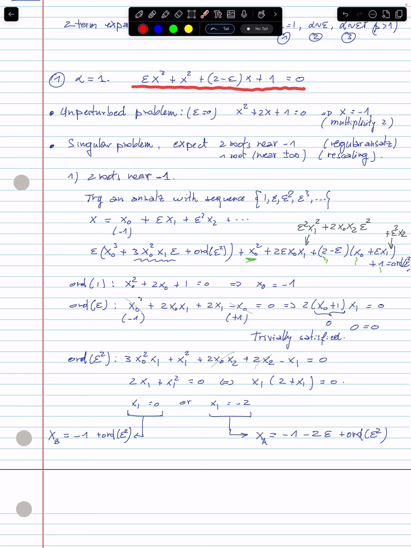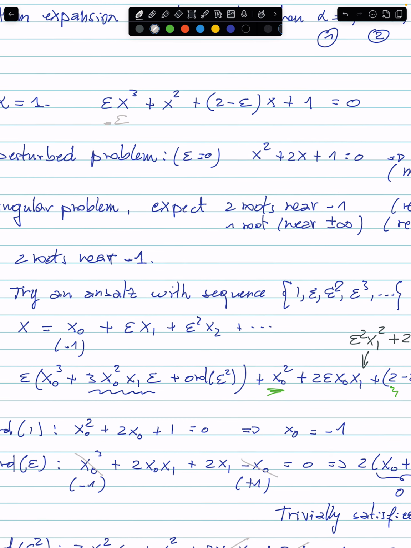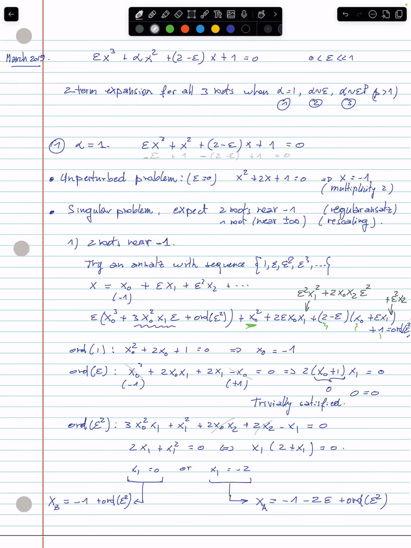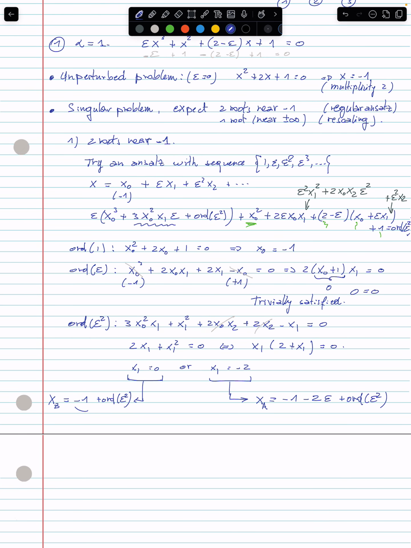if you replace x by minus 1, what you end up with is minus epsilon plus 1, twice minus epsilon multiplied by minus 1, plus 1 equals 0. And this is trivially satisfied, meaning that in fact, x equal to minus 1 is also a root of the perturbed problem.